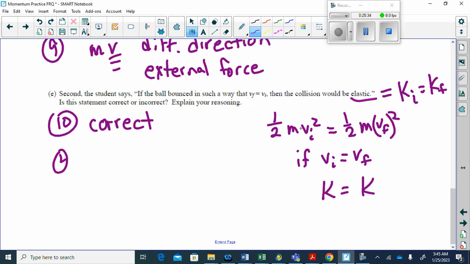Now, unlike the last one, when you square this velocity, this one's a negative, this one's positive, both are positive when they're squared. So we said that this is a scalar thing. It's not a vector quantity for energy. So kinetic energy is conserved.